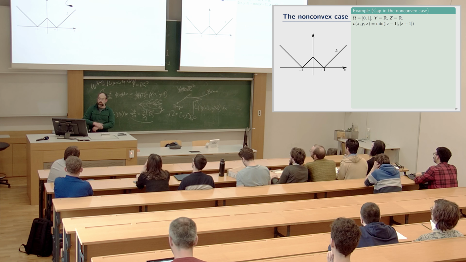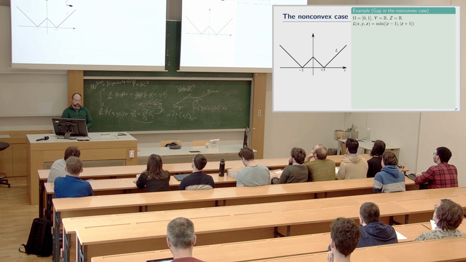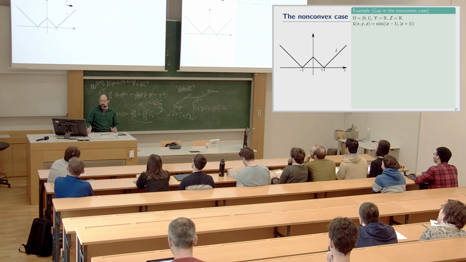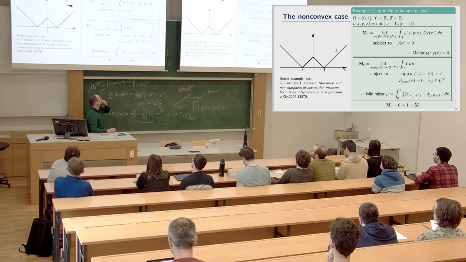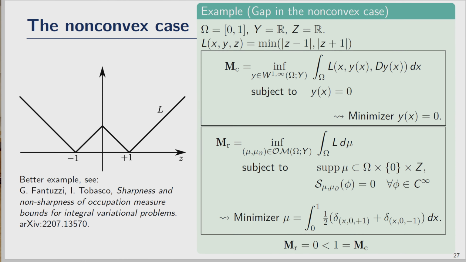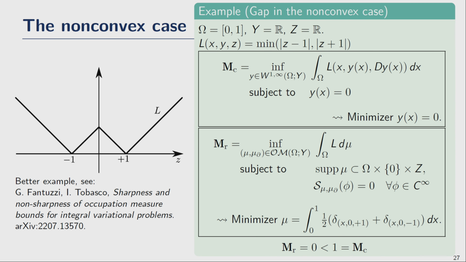And okay, so of course there are some situations in which it's easy to see that you have gaps. So a gap means that the relaxed one is smaller than the classical one, and so I'm not going to stop and bore you with all the details here. But if you have a Lagrangian that on the derivatives is not convex, it's very easy in this kind of situation to find examples.